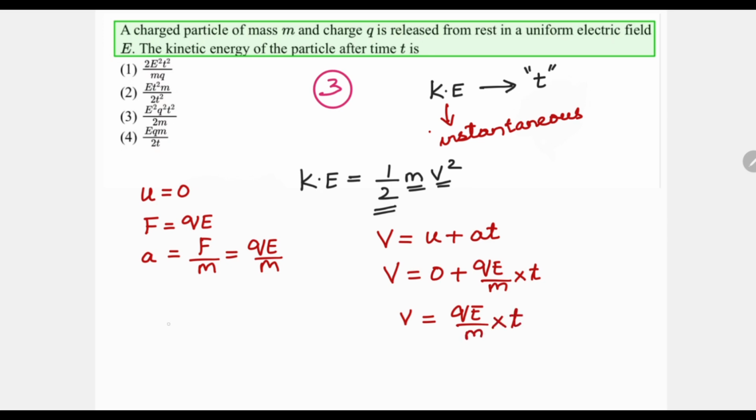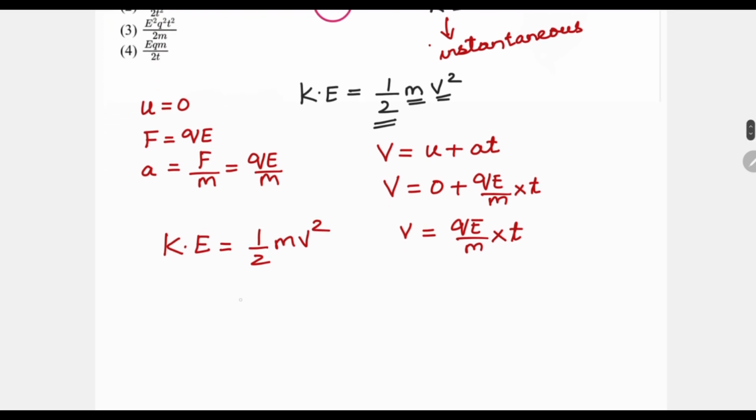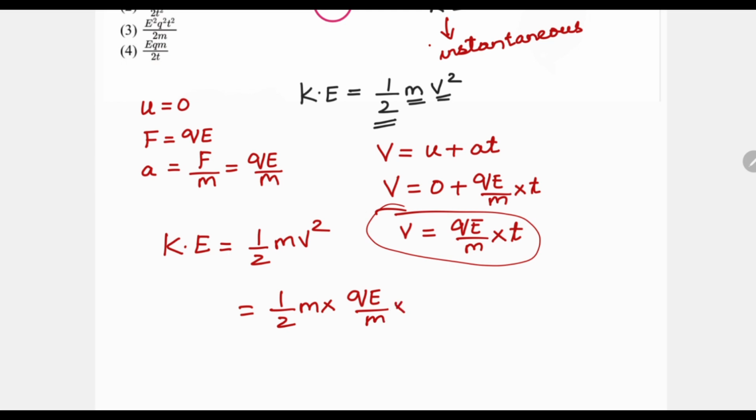So here comes our answer, kinetic energy. What is kinetic energy? Kinetic energy equals half mv square. That means half into m into, what is v square? V we have represented here. So v square equals (qE by m into t) the whole square.